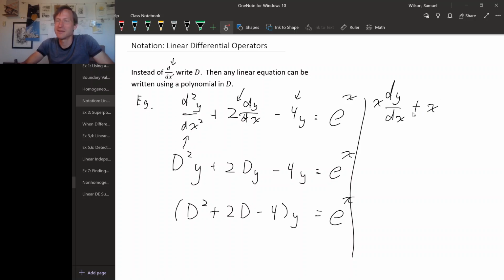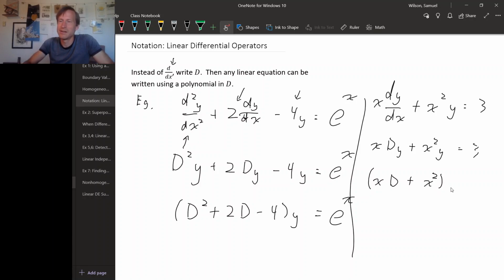So maybe x times dy dx plus x squared times y equals 3. In this case, you could write this as x times Dy plus x squared y equals 3. And then you can factor out the y again. You get x times D plus x squared, all applied to y, equals 3.